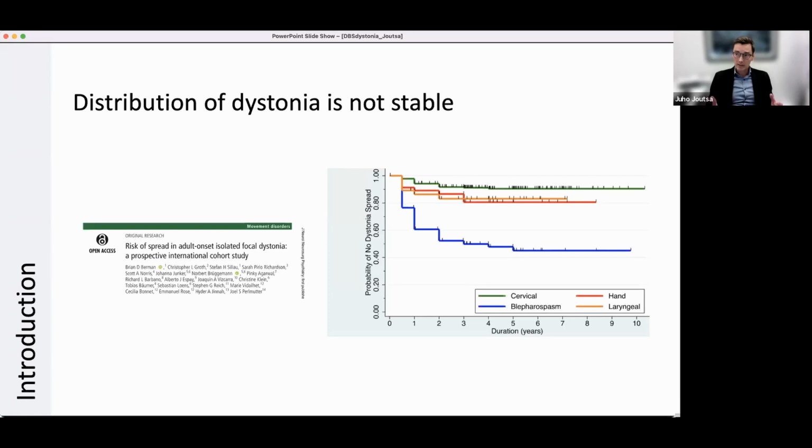So ultimately, it's unclear whether all dystonias have the exact same mechanisms, as would be predicted based on the phenomenology, or whether we have a collection of multiple related mechanisms causing different types of dystonia.